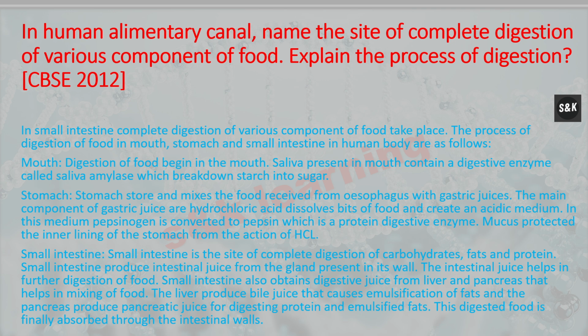The liver produces bile juice, which helps in emulsification of fats, and pancreatic juice released by the pancreas is helpful in digestion of protein and emulsified fat. This digested food is finally absorbed through the intestinal wall.